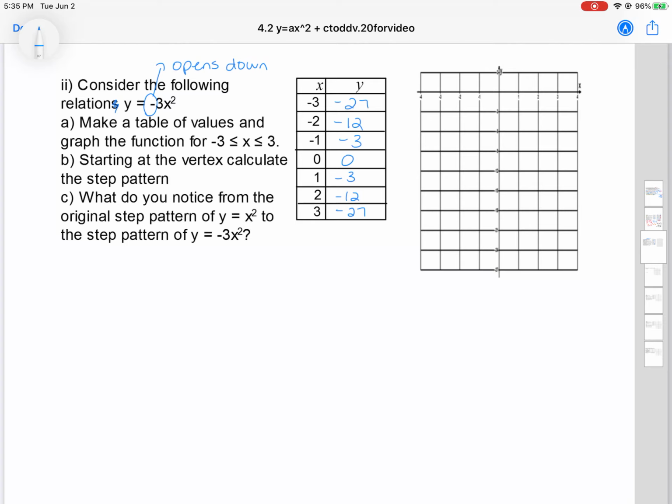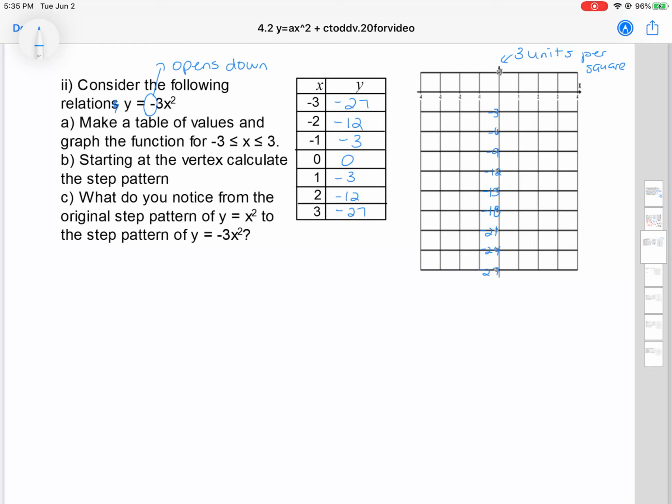It is not easy to see on this, but the Y values go 3 units per square to try to help accommodate. So this is negative 3, negative 6, negative 9, negative 12, negative 15, negative 18, negative 21, negative 24, negative 27.